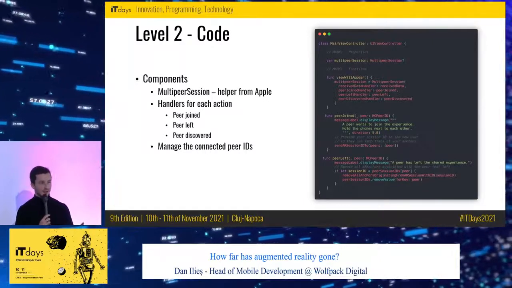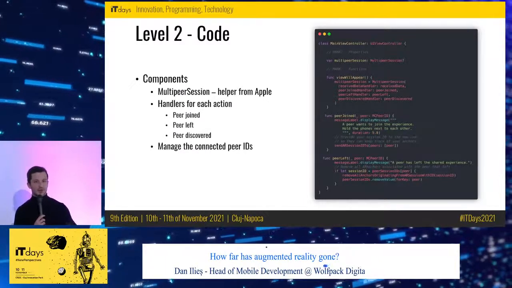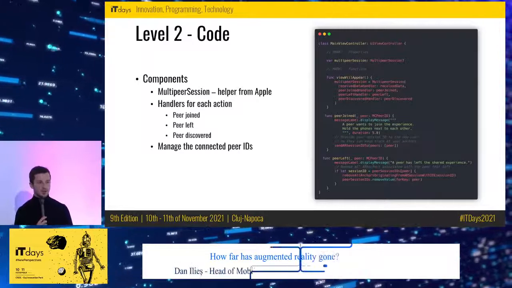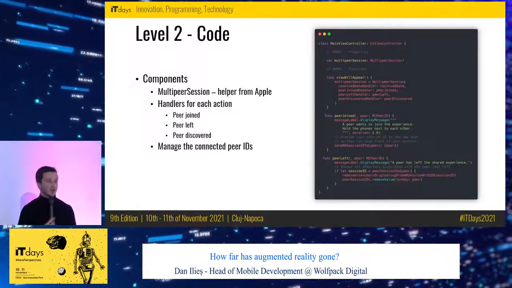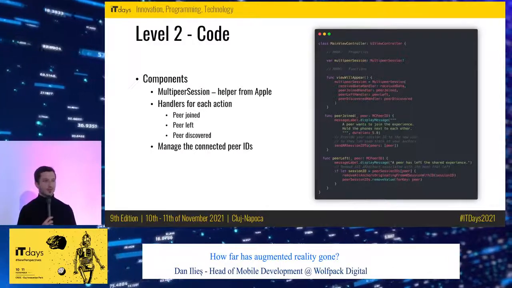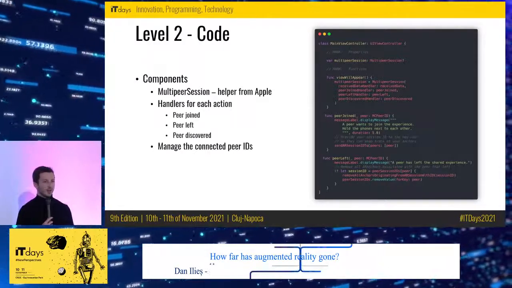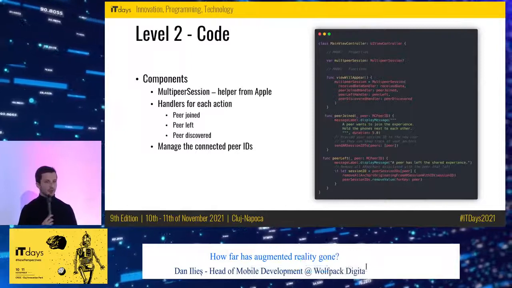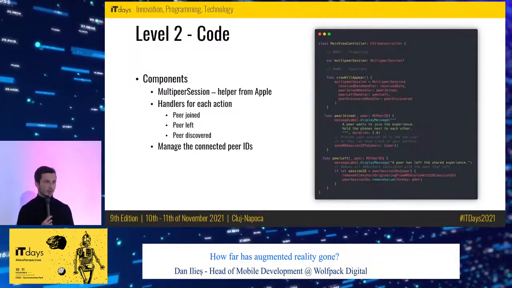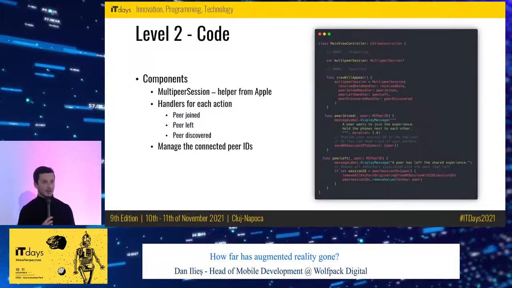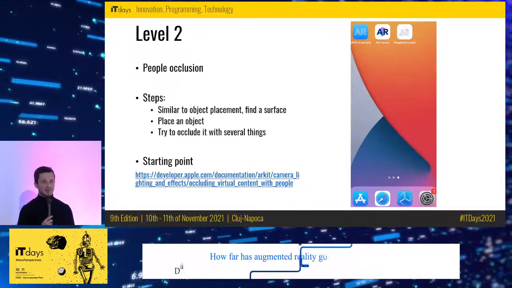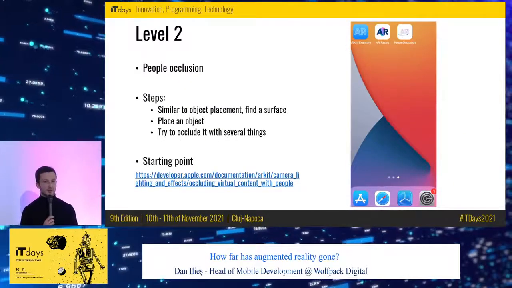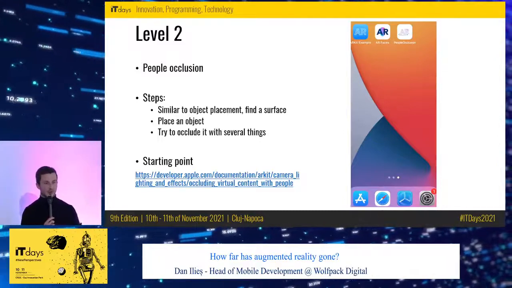So we have handlers for each action: when someone joins the session, when someone leaves, when a new peer is discovered, and then we need to distribute the peer IDs and all the object information from a phone to another. But you can start from this, and the sky is the limit for what you can do. And a little enhancement to what we saw at level 1 with object placement on the floor.